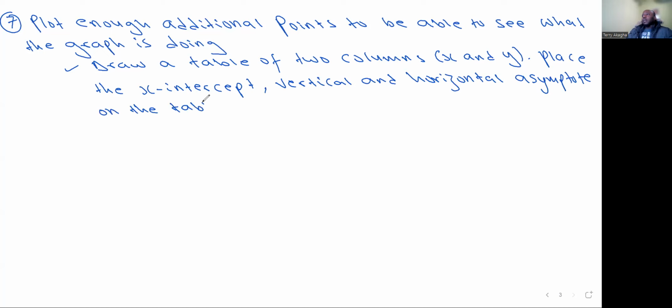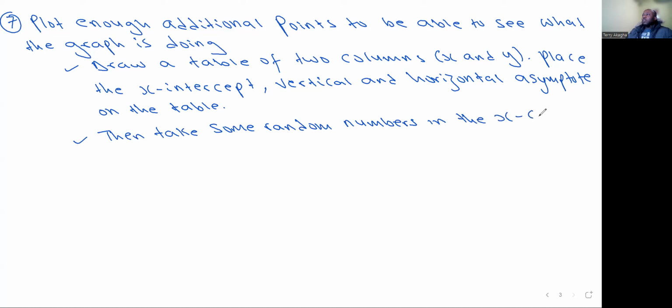Okay? Then after I'm done with that, for the table I'm going to take some random numbers and put them in the X column on either side of each of the X-intercepts.